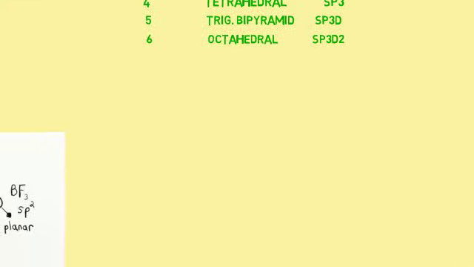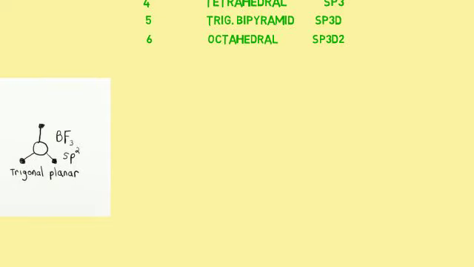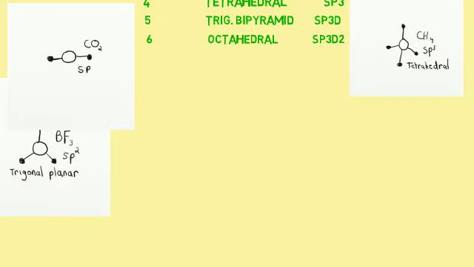So let's look at a few examples. This is trigonal planar. That's BF3, sp2. There is carbon dioxide. That is just sp, CO2. Here's methane, CH4, sp3, this is tetrahedral.